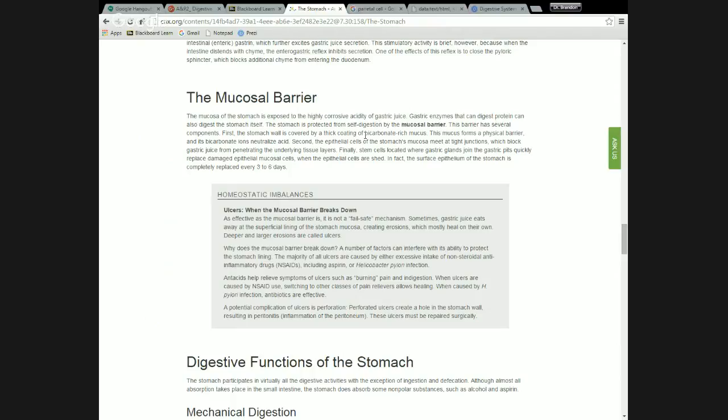When we get closer and closer to the tissue of the stomach lining, there are secretions from the mucus cells in the stomach that help to buffer a little bit. Then this little box here talks a little bit about ulcers and when those sorts of buffers become problematic.